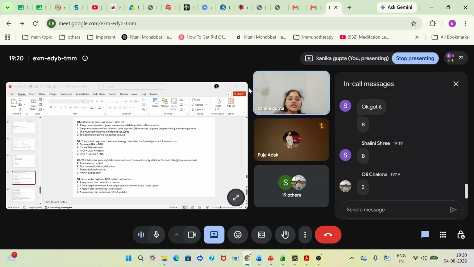Perfect. Question number 3. Which level of gene regulation is considered the most energy efficient for controlling gene expression? Keyword is energy efficient.